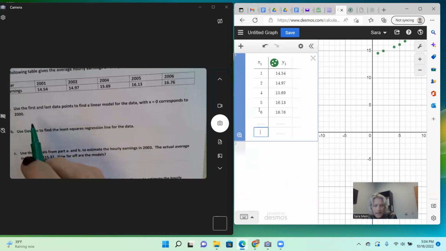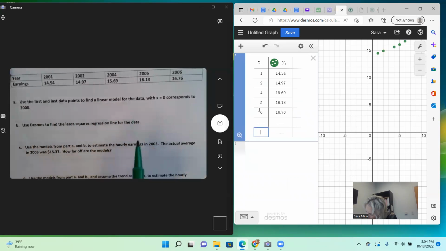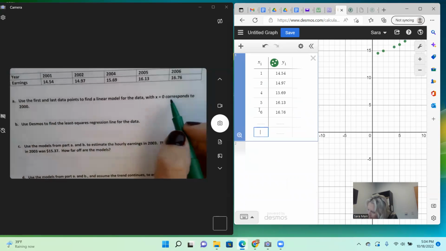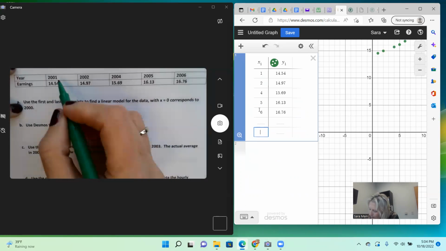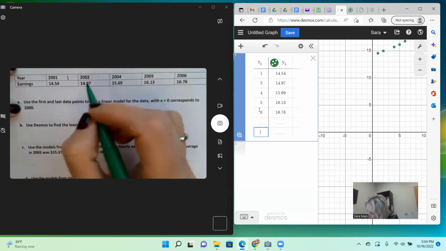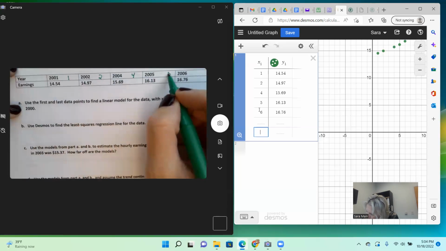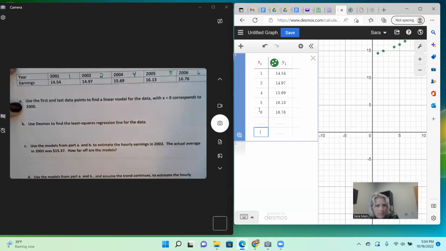And letter A says, use the first and last data points to find a linear model for the data. But it says X equals 0 corresponds to 2000. So that means 2001 is 1 year after 2000. This is 2 years. This is 4 years, 5 years, and 6.